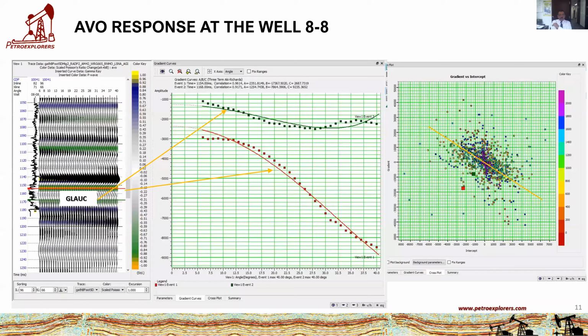maybe may or may not be reservoir, may have porosity, may not have porosity. So looking at the general AVO response, it is there. Of course, you have to do a lot of massaging of the gathers to condition them, but once you have conditioned the gathers, you can see the class 3 AVO, and you can see the background event, which is a regular background event or close to background.